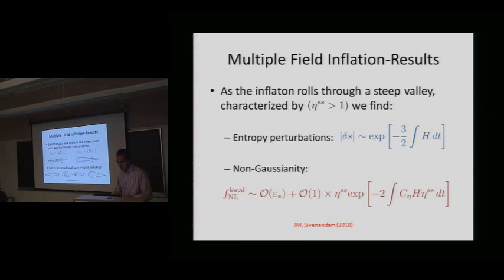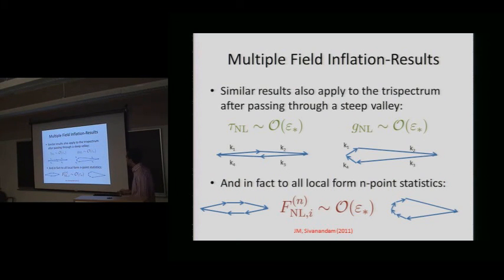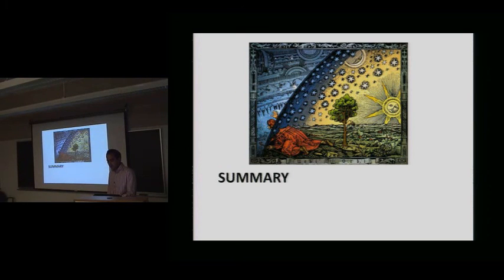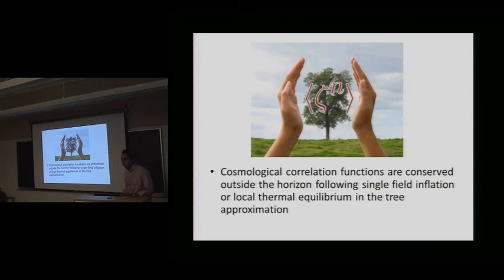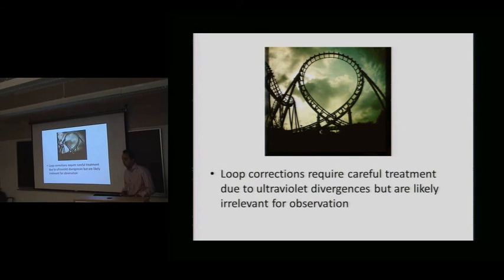So the conclusion is all of these local form n-point functions are slow roll suppressed after passing through a steep valley in field space. Let me go ahead and summarize. First of all, cosmological correlation functions are conserved outside the horizon following single field inflation or local thermal and chemical equilibrium in the tree approximation. Loop corrections require careful treatment due to ultraviolet divergences.